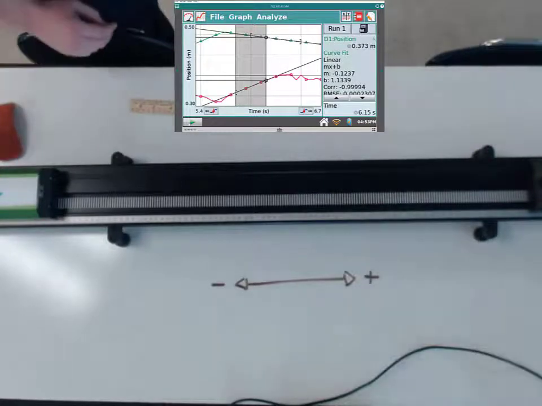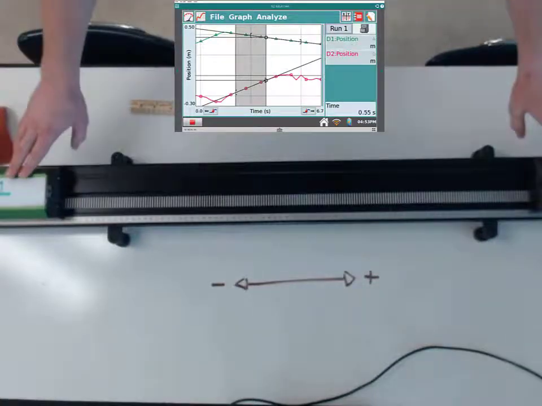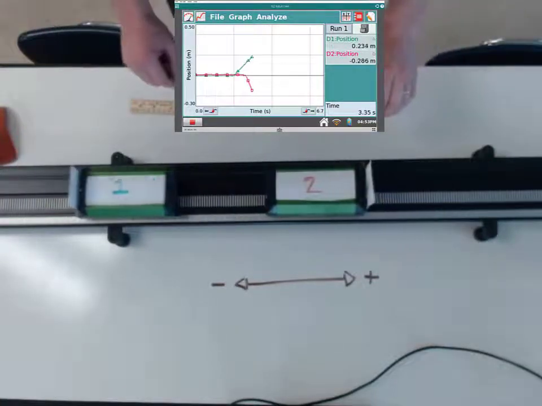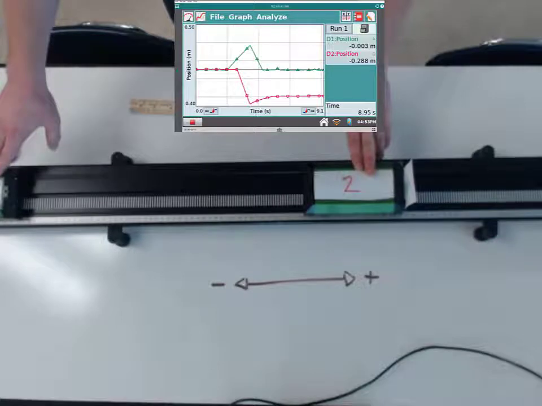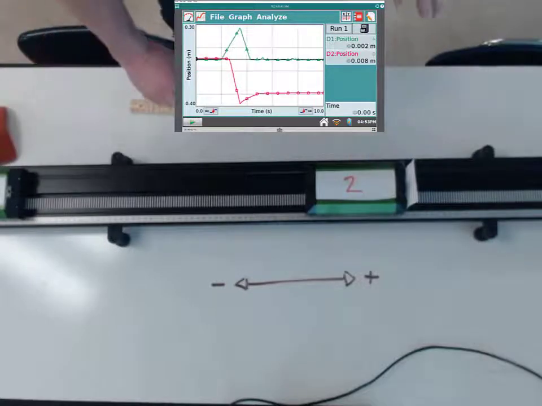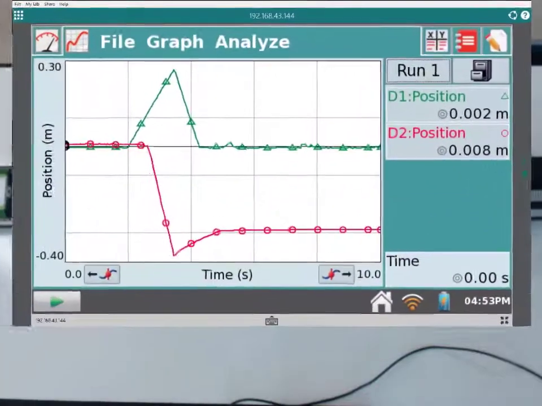And this time I guess I'll try to make cart number 2 move faster. Doesn't really matter. Lots of different ways we could look at it. Now, cart 2 wasn't moving very fast after that, but enough that we can notice it on the graph.